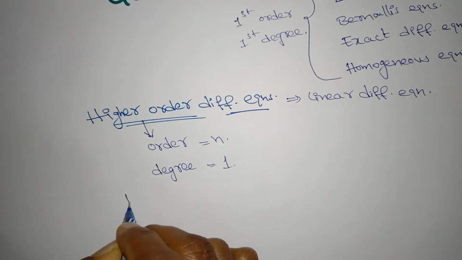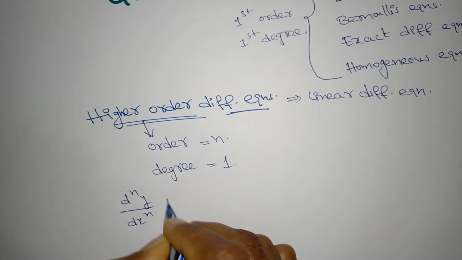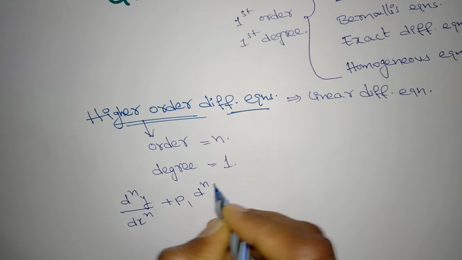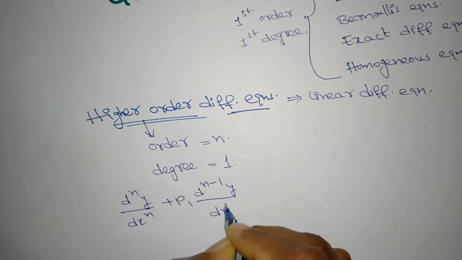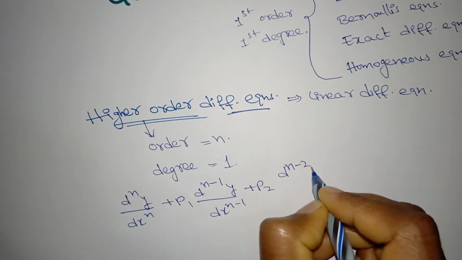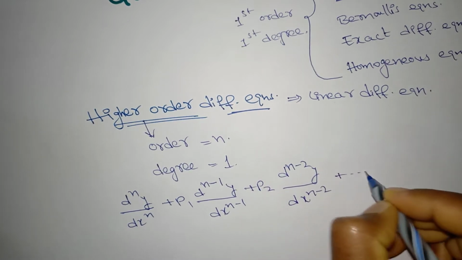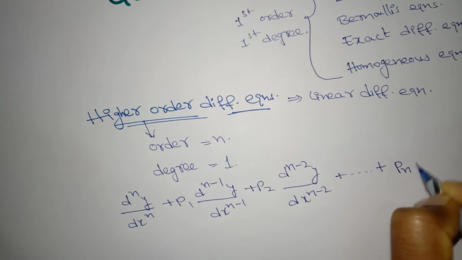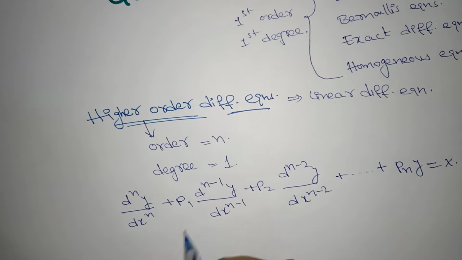The standard form is d^n y by dx^n plus p1 into d^(n-1) y by dx^(n-1) plus p2 into d^(n-2) y by dx^(n-2) plus and so on plus pn into y equals X. This is the standard form of a higher order linear differential equation.